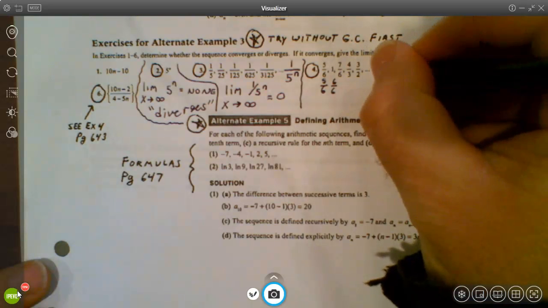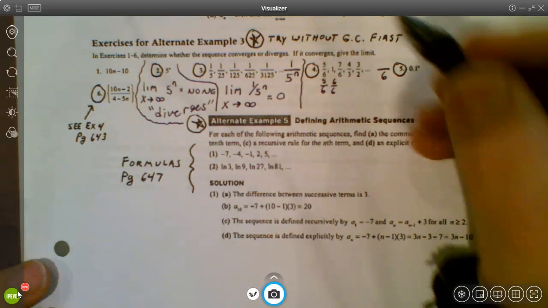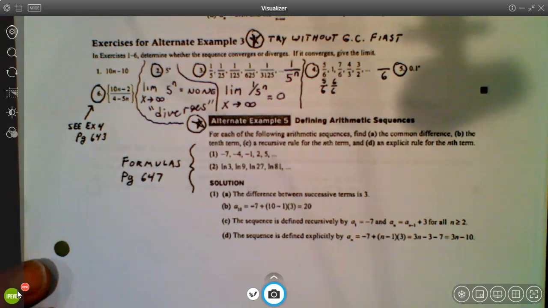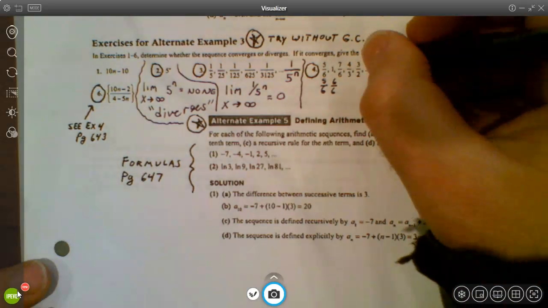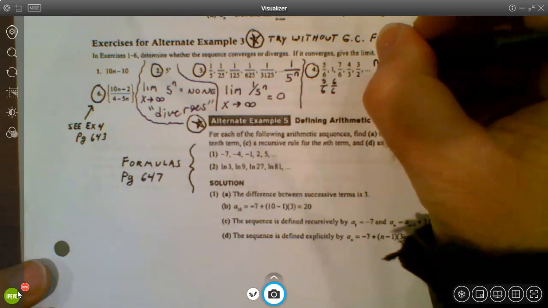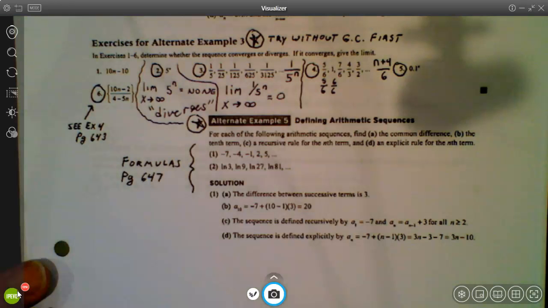They all can be written as something over 6, and if the numerators are 5, 6, 7, 8, 9, on and on, I can see that n plus 4 would be the pattern for the numerators.